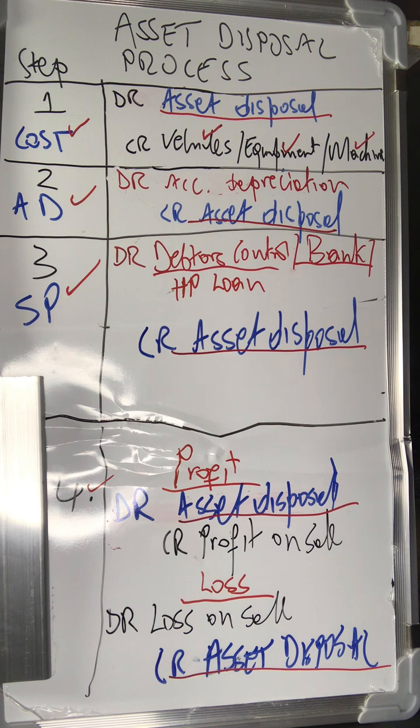Scenario number 2 is whereby now you made a loss on disposal or trade-in of your asset. How are you going to go about to determine when you made a loss on disposal or trade-in of your asset? You're going to go to step number 1 and step number 2, get your carrying value. You say cost minus accumulated depreciation, then you get your carrying value. Now, if your carrying value of the asset that you are selling is greater or bigger than the selling price of the asset that you are selling, then that means you have made a loss on disposal or trade-in of this asset.